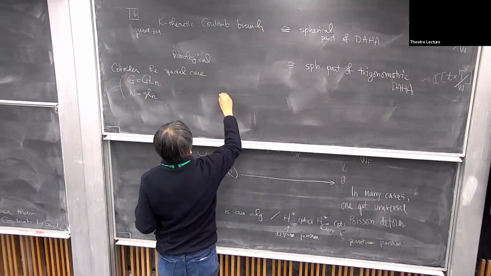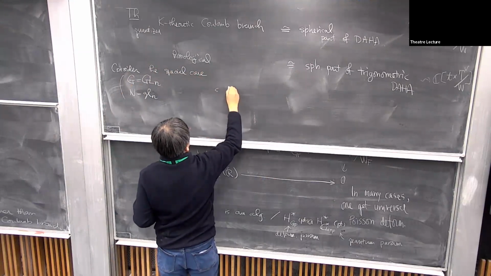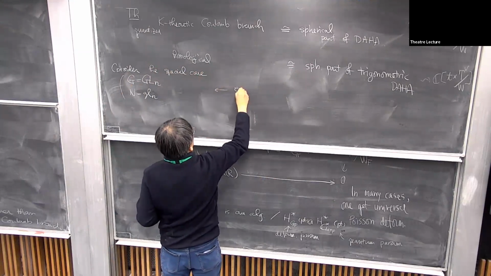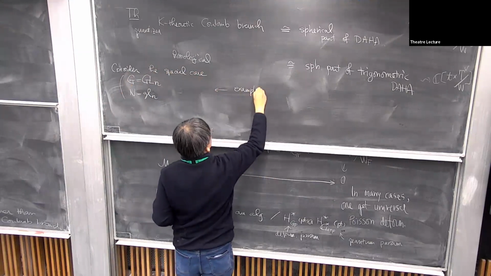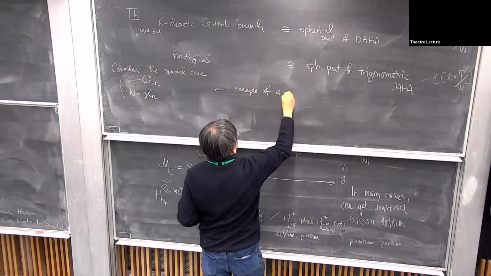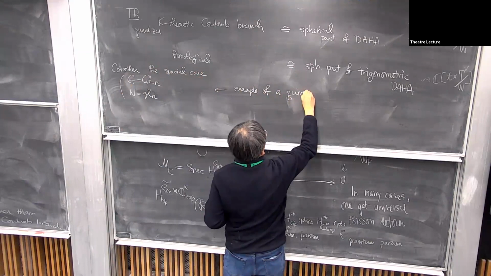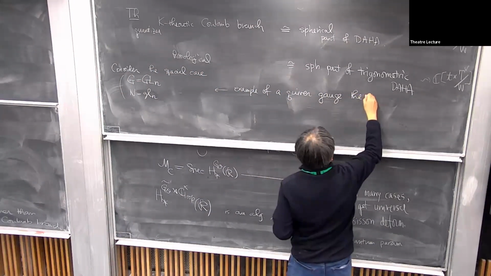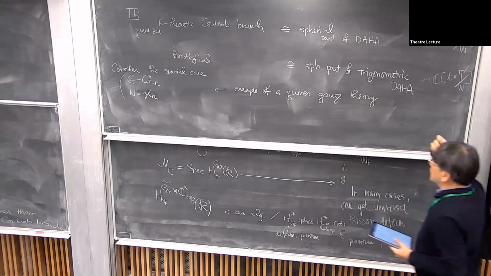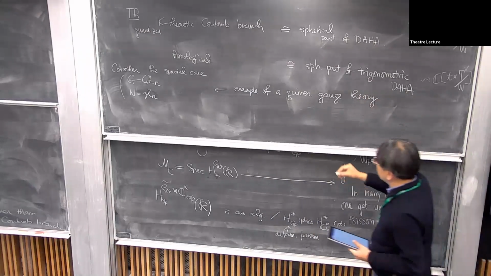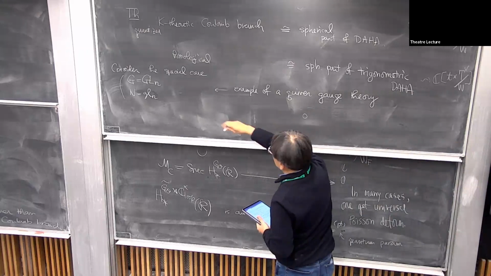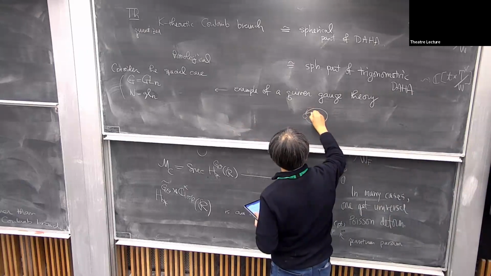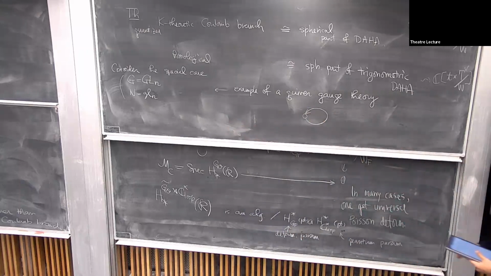So this is an example of what we call divergence. If you are given a quiver, in this particular case, this is a so-called Jordan quiver.